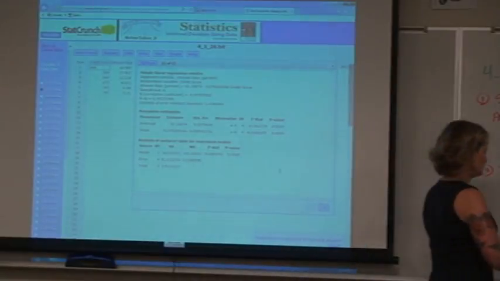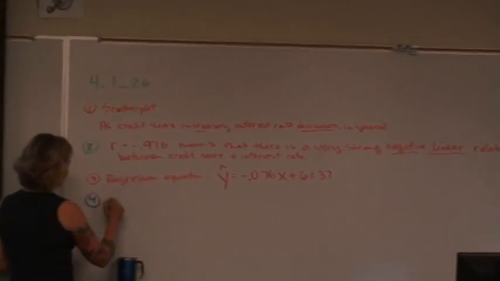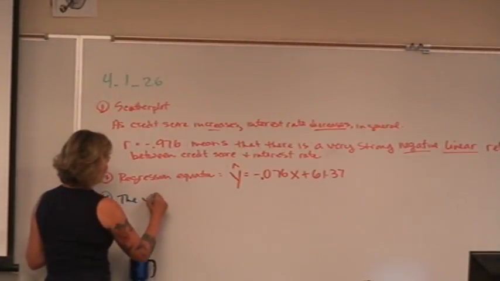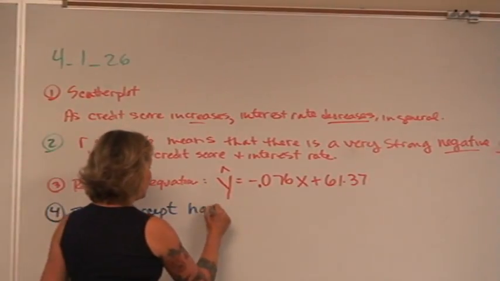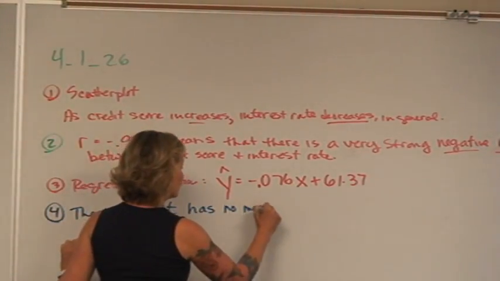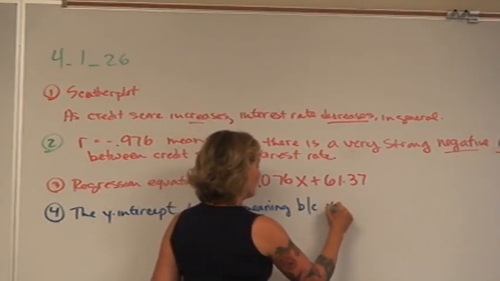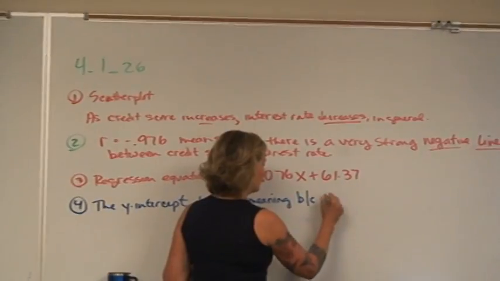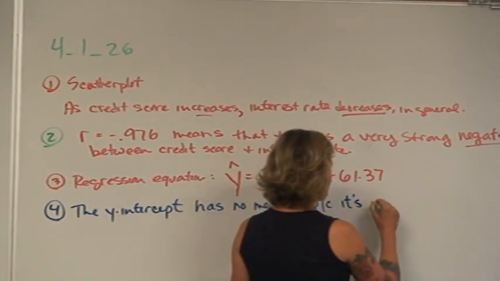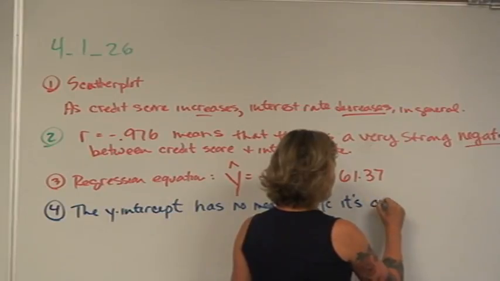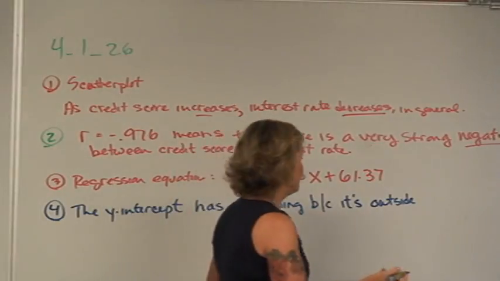So let's write that. Y-intercept has no meaning, because it is outside the realm of our data, or outside our observed data.